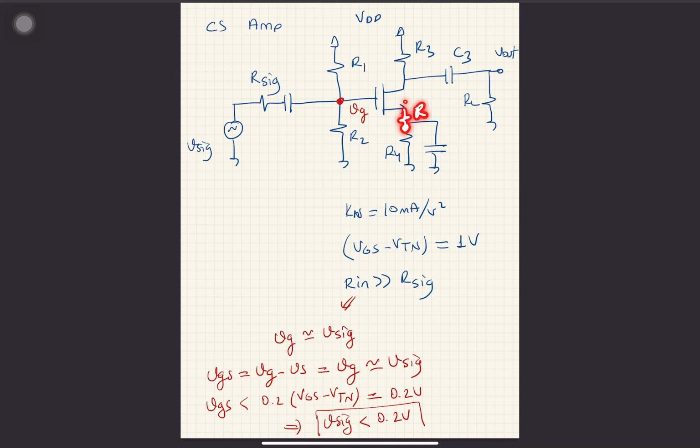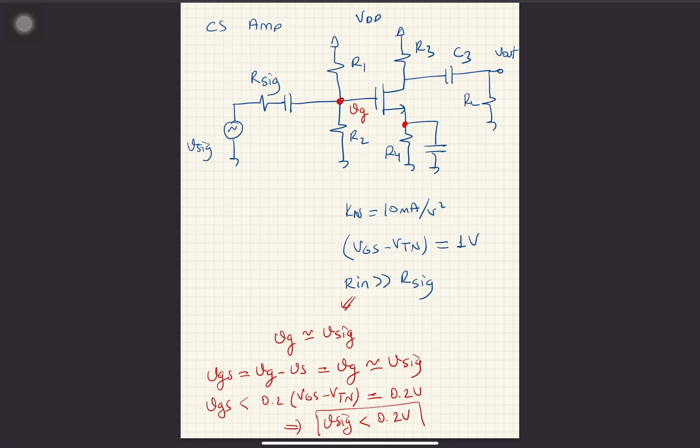So let's say this is degeneration resistance R. Now, VGS is not directly equal to V signal because V signal is shared between VGS and this new degeneration resistance. So if you have some value for VGS, you should multiply it with some term to find the input V signal. So common source with degeneration will always have larger input small signal range.